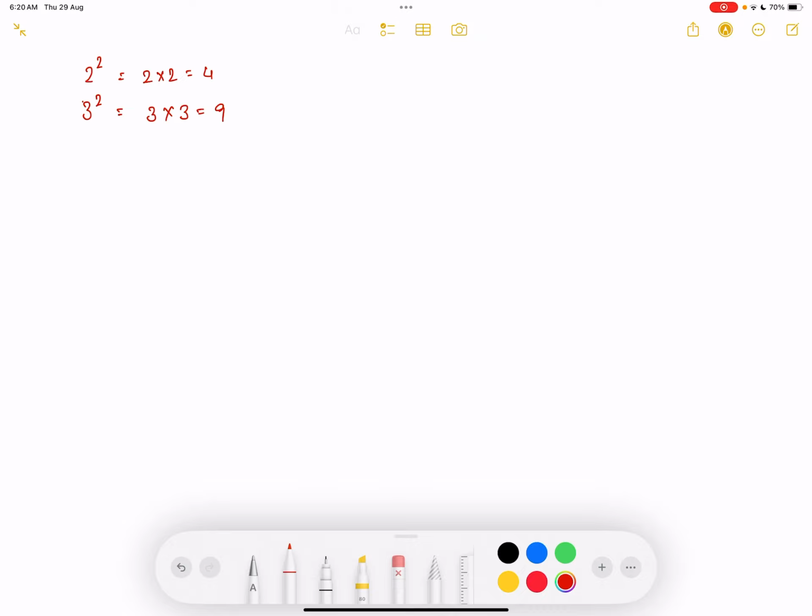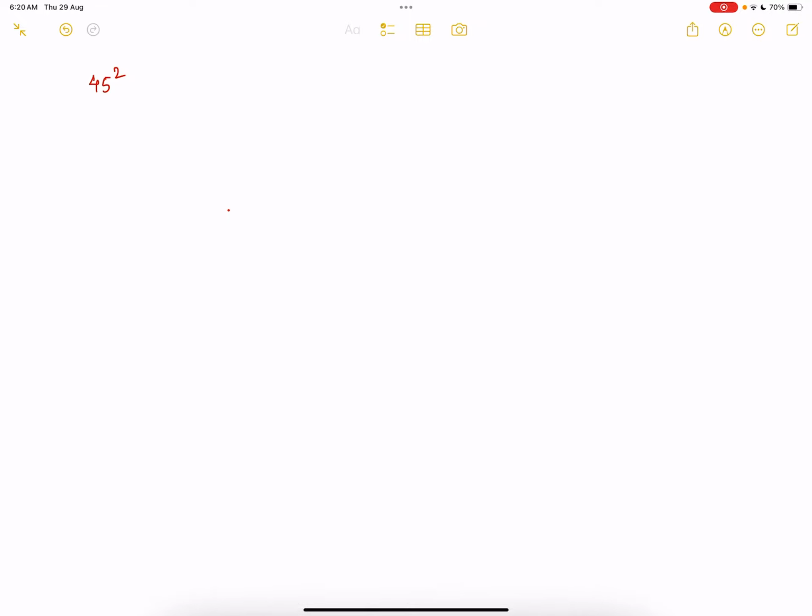So for example, 23 square, or say 32 square, or say 45 square, or say 63 square, or 48 square.